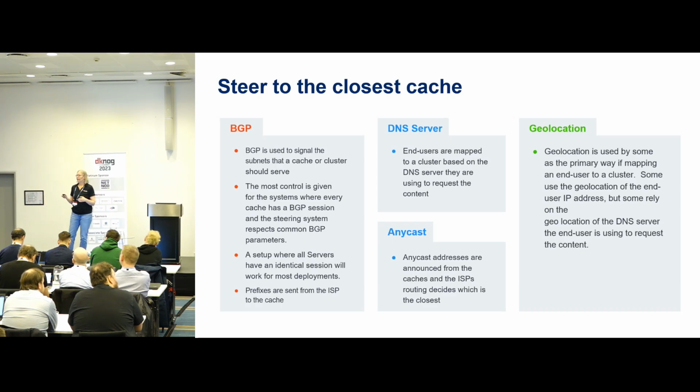A very common method by most of the CDNs is using the DNS server that the end user is using to ask for their content as a mapping mechanism to steer the end user to a cluster or a server or a location. So they basically build up a DNS server map where the clusters are assigned, and then when a user is using that DNS server to request content, it is directed to the specific cluster.